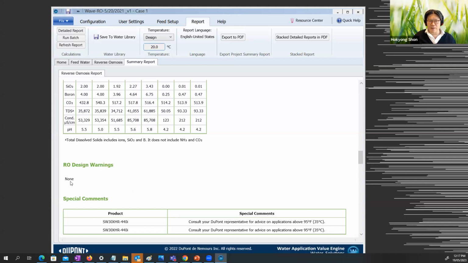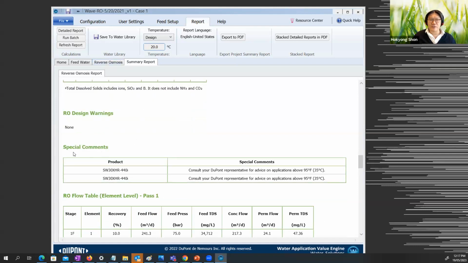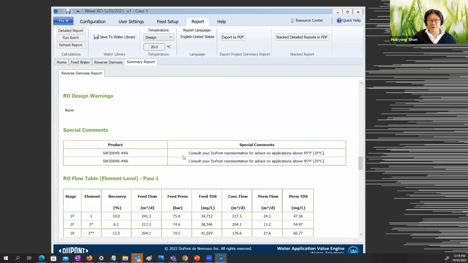Also, sometimes you will get a warning that your feed water is too high, your pressure is too low, your flow rate is too high, something like that. So based on that, you have to go back again to RO and change it. Also, you can see the special comments, such as consult your RO membrane company for advice on application above 35 degrees, because too high a temperature will damage your membrane. So you need to consult.